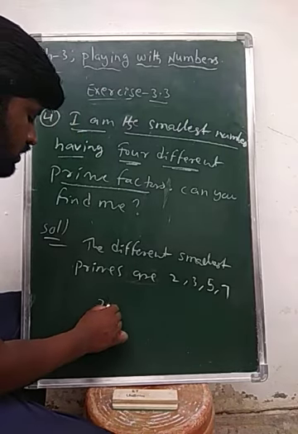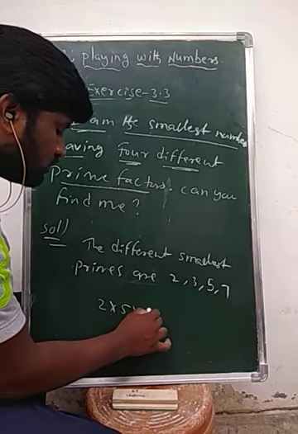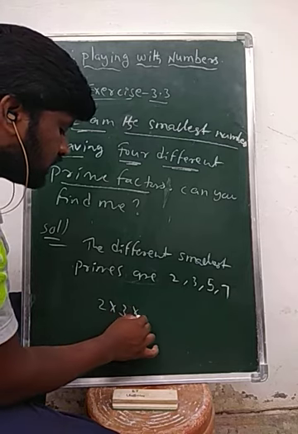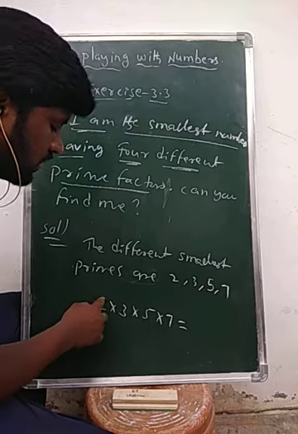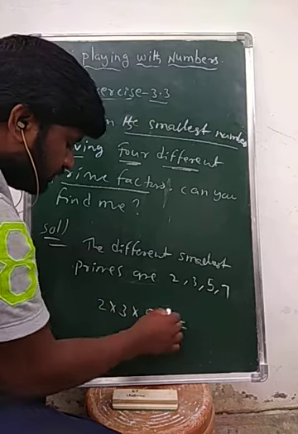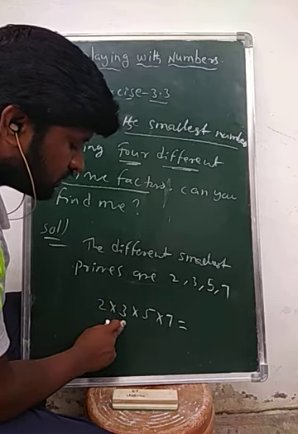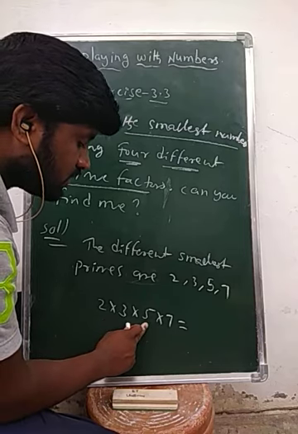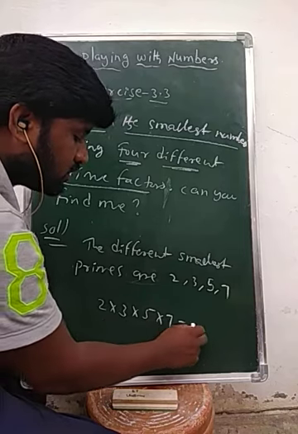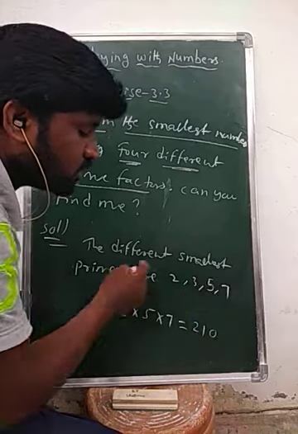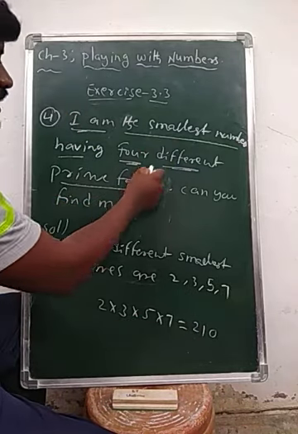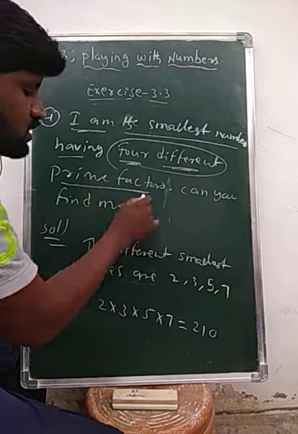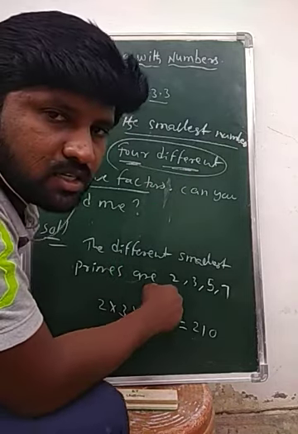So their product is 2 into 3 into 5 into 7. Clearly, 2 3s are 6, 6 5s are 30, 30 7s are 210. So this is the number, the smallest number having 4 different prime factors, that is 210.